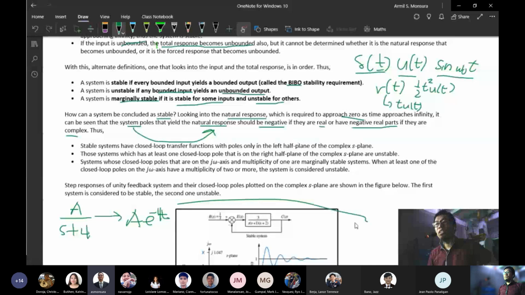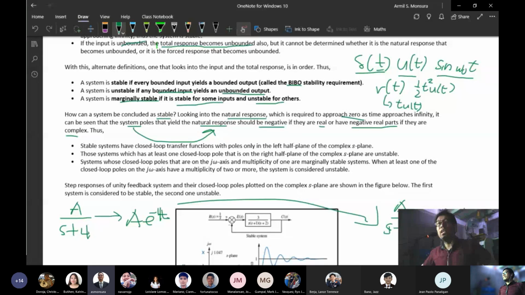Otherwise, kung ang nakalagay sa partial fraction decomposition niyo is A over s minus 4, ano ito ng inverse Laplace transform? A e raised to 4t.